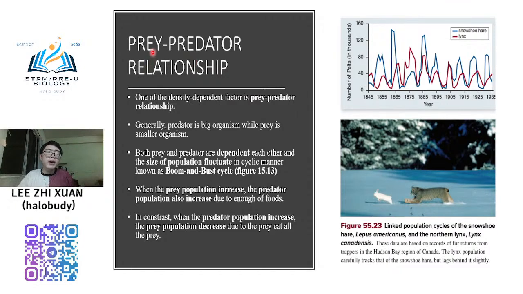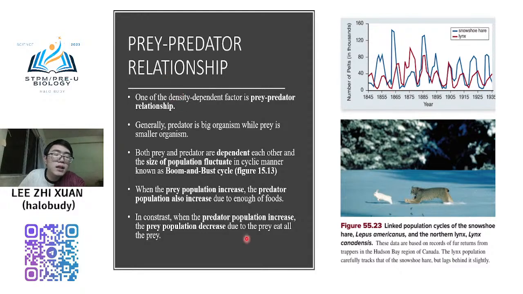So if the prey increases, there is plenty of food, so they eat more and produce more. But when the prey decreases, the food is decreasing, so the predator will not reproduce offspring.